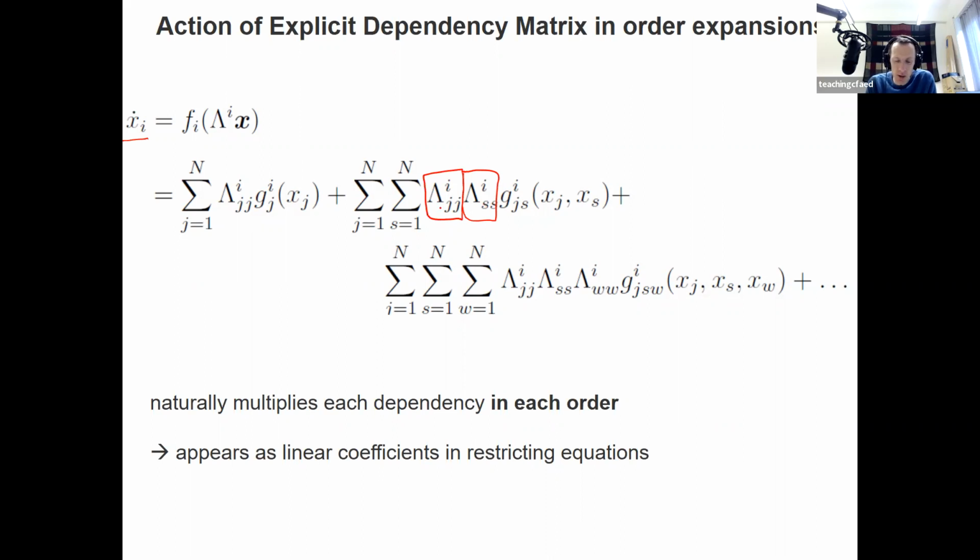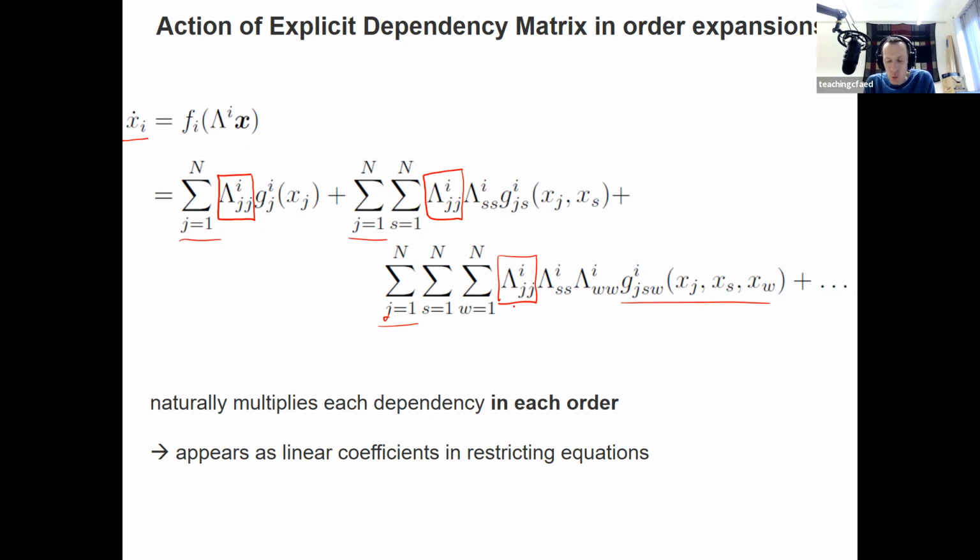This means that they don't appear. The interesting thing, and you can go on to higher orders, right? So third order, whatever. The interesting thing now is that because you can write it like that, the lambda i jj appears in every order as a total prefactor. And, sorry, it's not written here, these are sums over j every time.